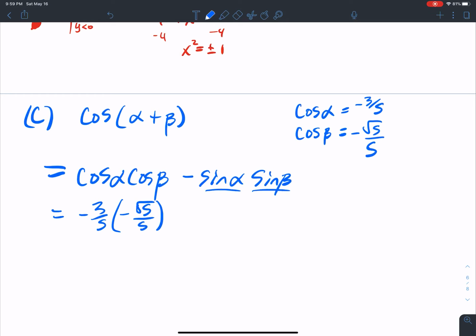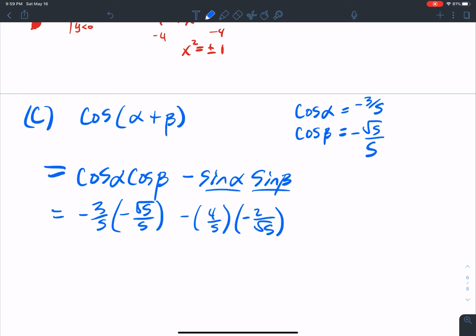And then these were told to us, that's just negative, and then we have the 4/5, multiplied by sine of beta, which we were told was negative 2 over square root 5.